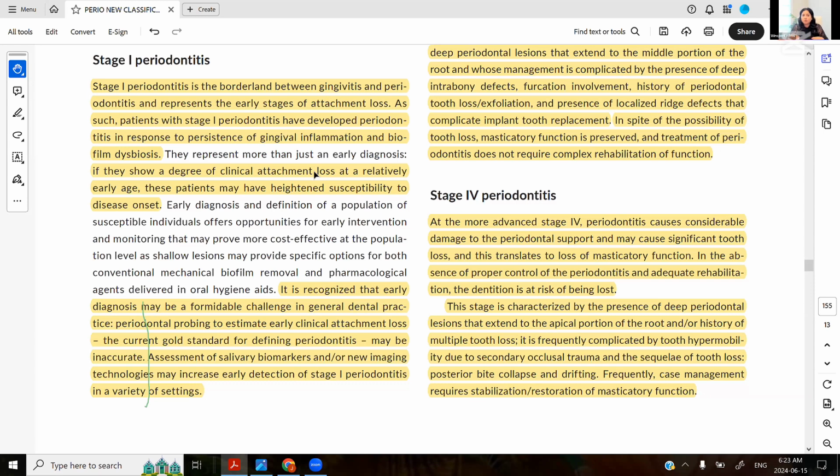Now, if they show a degree of clinical attachment loss at a relatively early age, these patients may have heightened susceptibility to disease onset. So, we'll also learn a factor of percentage bone loss by age. I'm going to teach you that, and you would have that information handy in the exam as per the history.